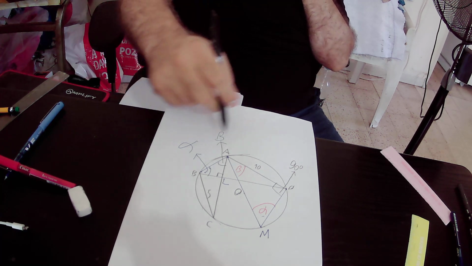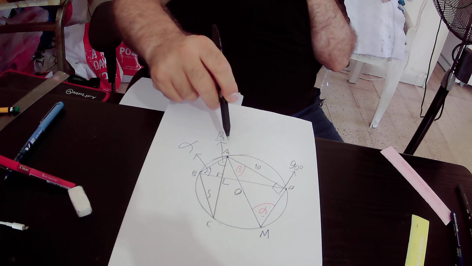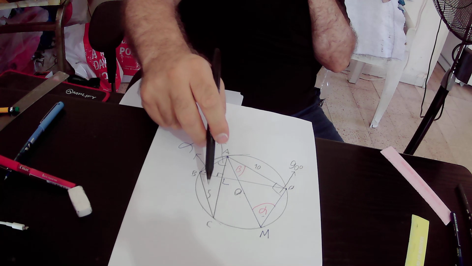Okay, angle BAC equals beta, and it rests on chord BC.